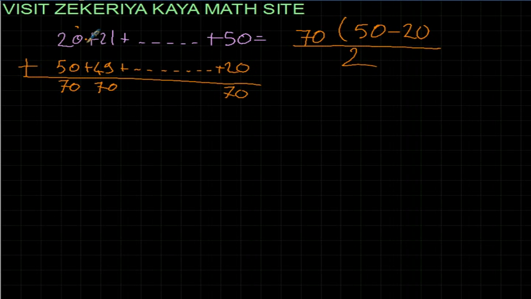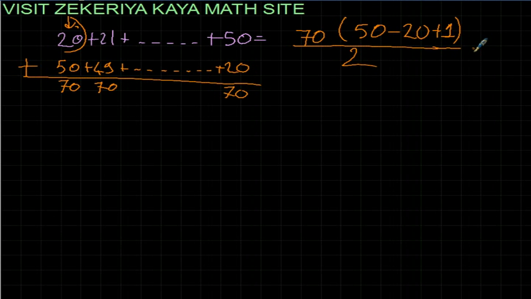So in this subtraction, in the result, I will have the numbers from 21 to 50. I will find how many numbers there are from 21 to 50. But for this part, I need to add a plus 1 for the number 20.